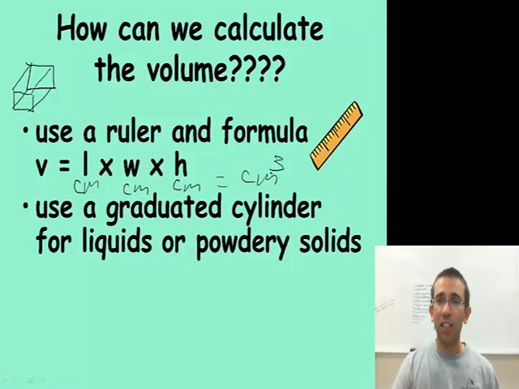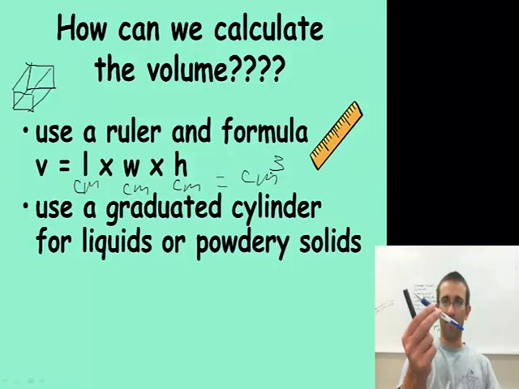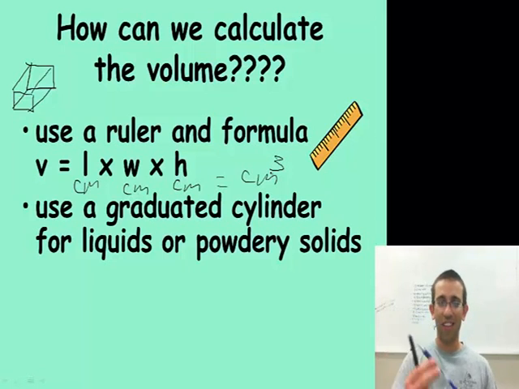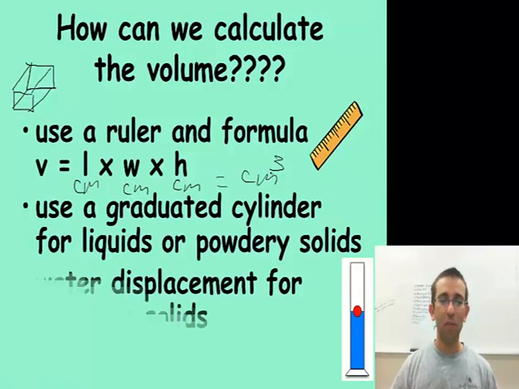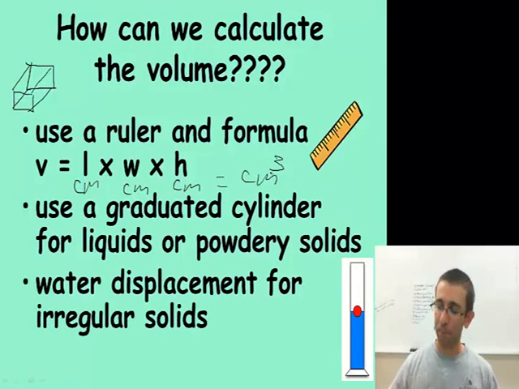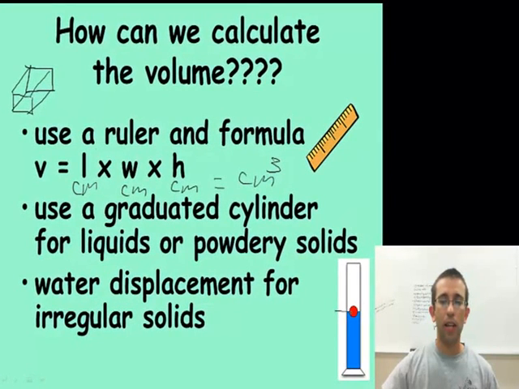Now, what happens if you have an object that's just kind of weird? How do you get the volume of a pen? Well, you do something called water displacement. You have a little picture here. What you do is you put some water into a graduated cylinder and measure the volume.